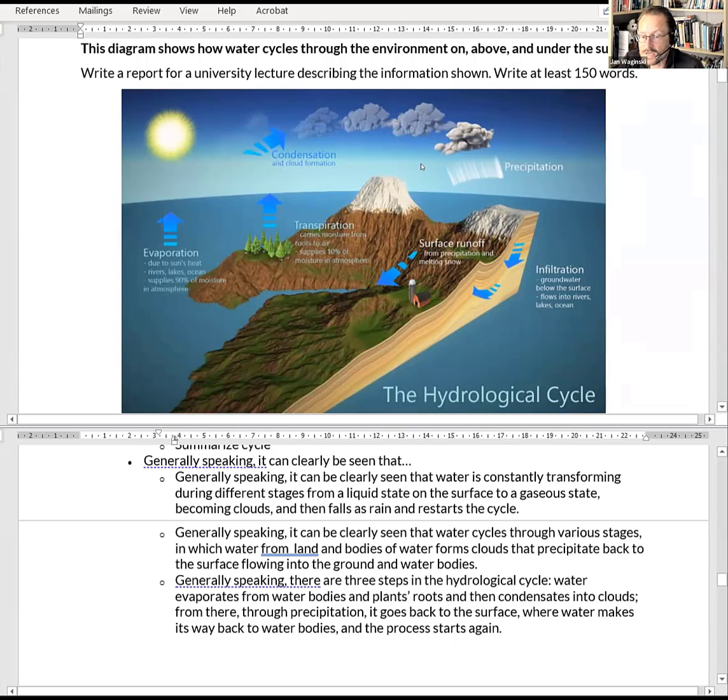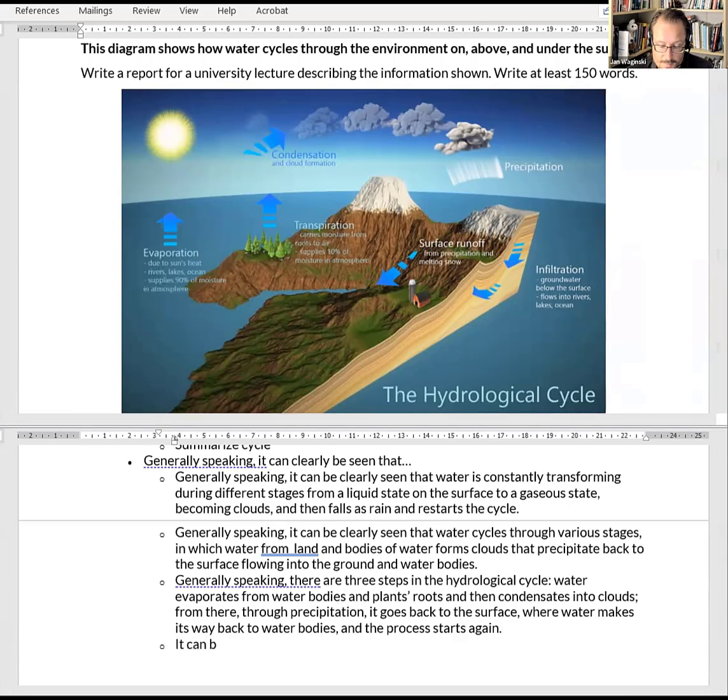So how many steps are there in this cycle? I think 3. Well, how many distinct steps? 1, 2, 3, 4, 5, 6. 6. That's a very easy way to write the general overview.